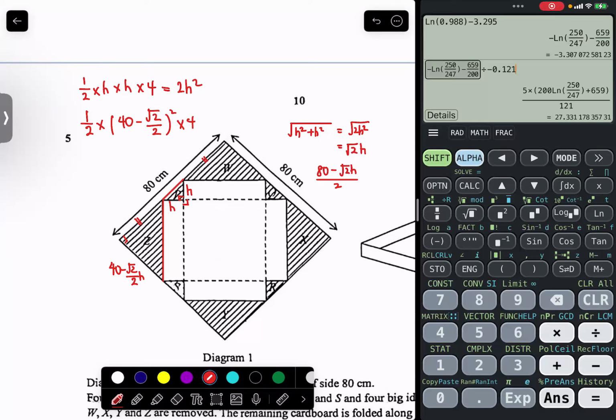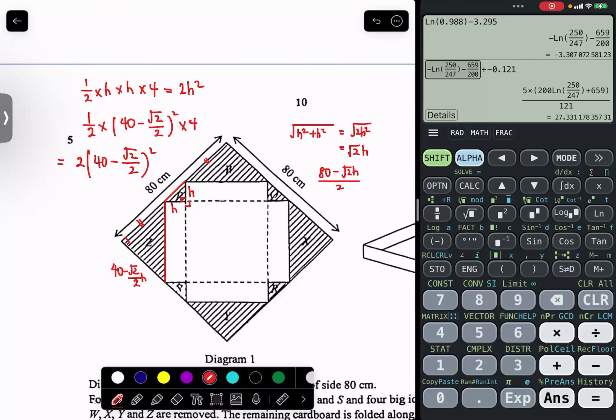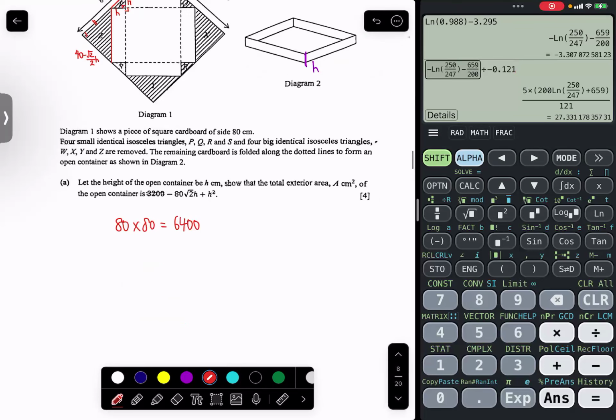So that will be 2 times bracket (40 minus square root 2 over 2 h) squared. Then this is h. The total area is 80 times 80, which equals 6,400. So total surface area, total exterior area.